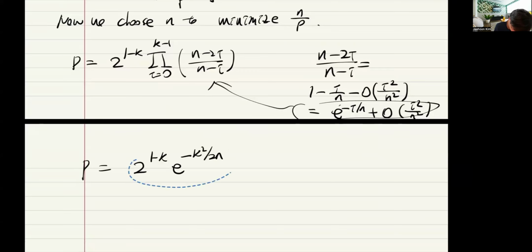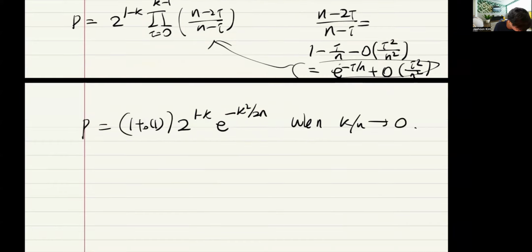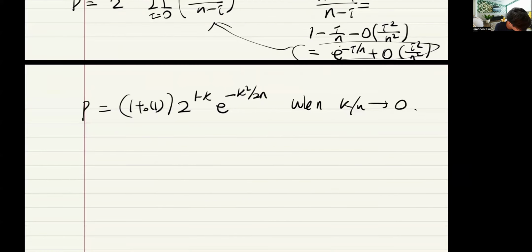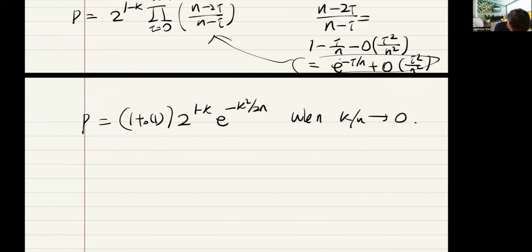Let's say this is times 1 plus o of 1, when k is a much smaller function than n. So what do we want to minimize? n over p is what we want to minimize, which is n times 2 to the k minus 1 and e to the k squared over 2n, times 1 plus o of 1.